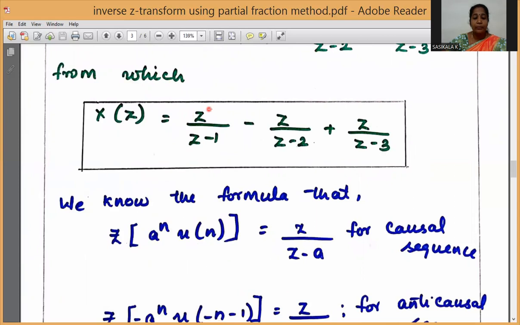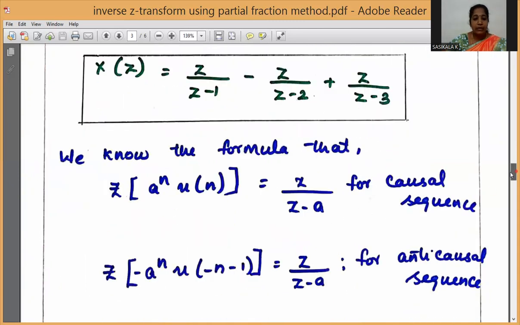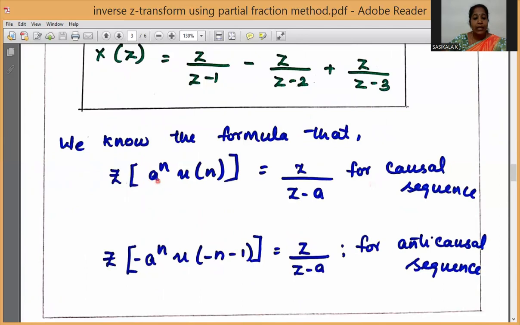from which we have got X(z) = z/(z − 1) − z/(z − 2) + z/(z − 3). We know the formula, the Z transform of aⁿu(n), which is an infinite series formula. If you take the Z transform of aⁿu(n), the output you get is z/(z − a) for the causal sequence, that is the positive sequence.